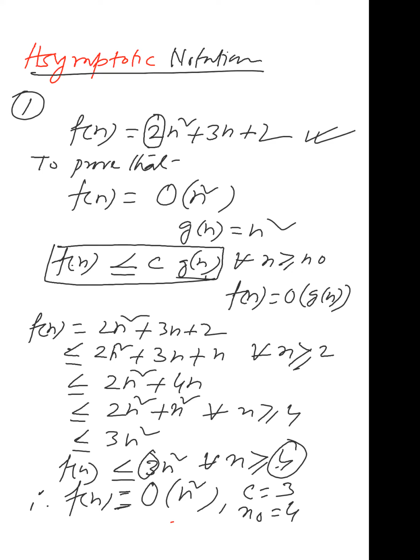The highest degree term here is n square. So what is the coefficient of the highest degree term? 2. So in the inequality, c should be greater than the coefficient of the highest degree term, that is 3n square. And that is the best analysis.